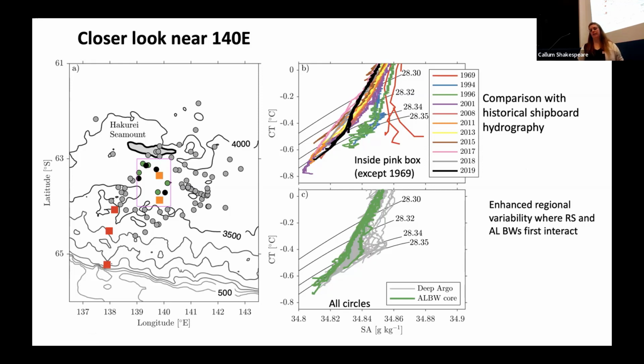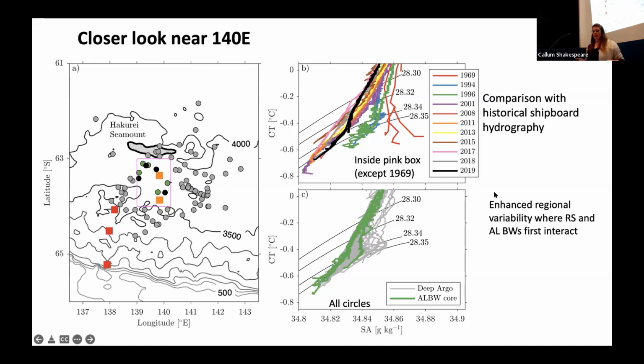So I actually argue in this paper that it's not really appropriate to include those in the very, very local trends, because it's quite possible that they're picking up a signal of Ross Sea bottom water, and that's why you see that local deep salinity maximum. And so if you're thinking about local trends of Adelie Land bottom water, it's probably not appropriate to include those very old profiles.